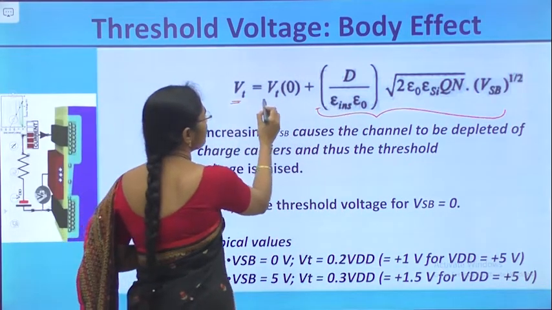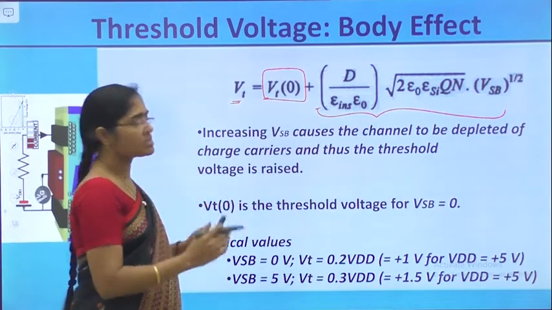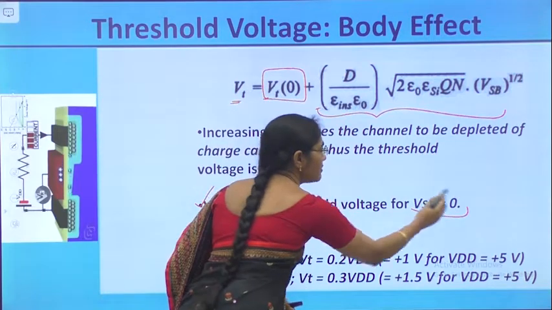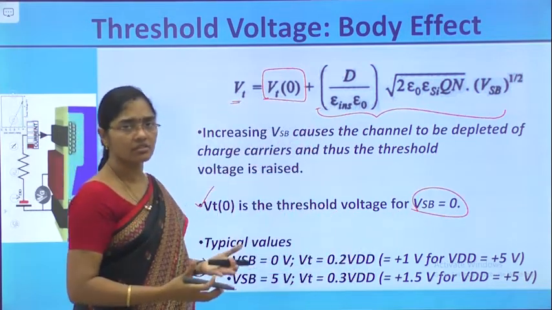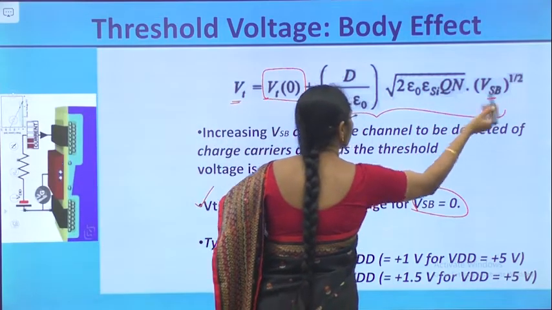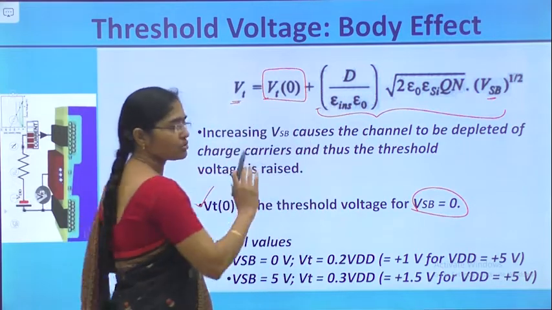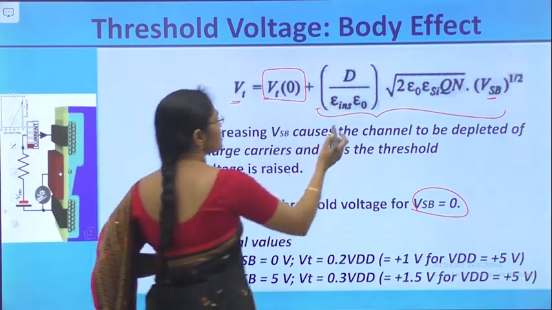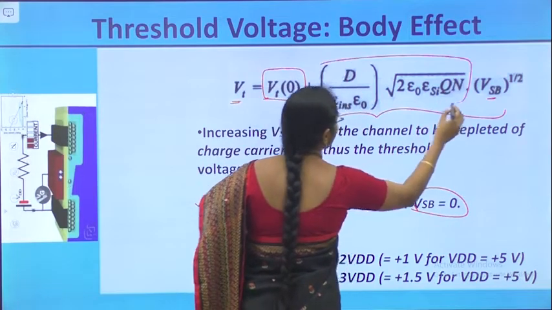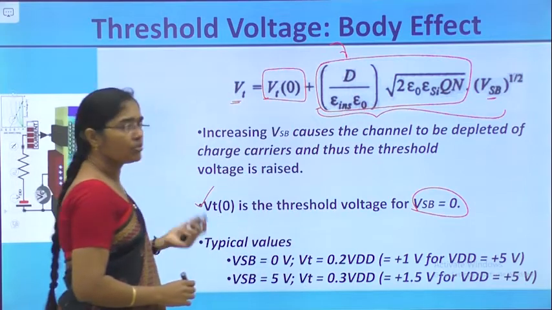Vt is equal to Vt of 0, the threshold voltage at VSB 0. Vt of 0 is representing the threshold voltage for VSB 0, that is the actual Vt. Plus, due to the change in the VSB, there is some factor added to the Vt, and this total is taken as a constant, gamma, times VSB power half.